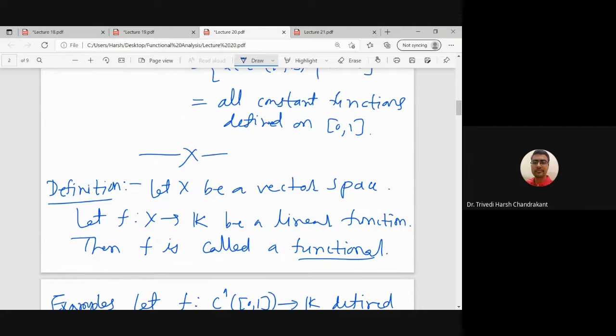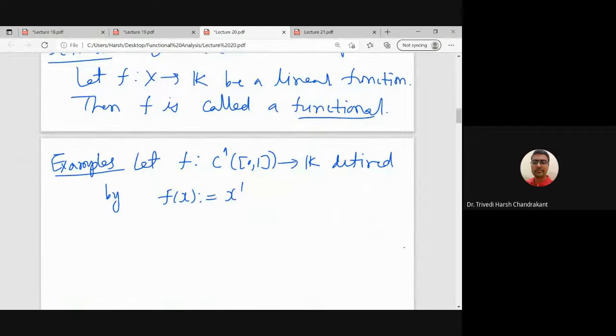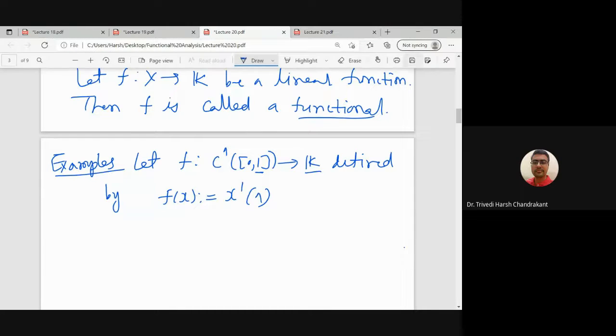In the last example we were using capital F notation, but here we are using small f. But now we want a scalar. X dash is a function. To get a scalar, we will evaluate this function at the end point, so x dash evaluated at 1. Whatever one-time differentiable function is given, we will differentiate it one time and evaluate it at t equal to 1.